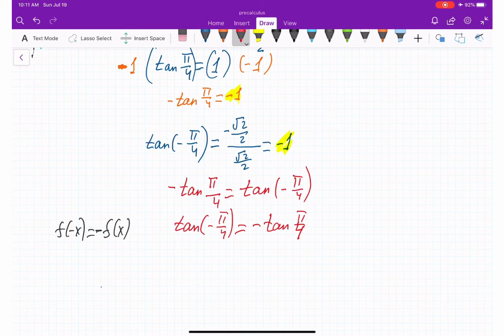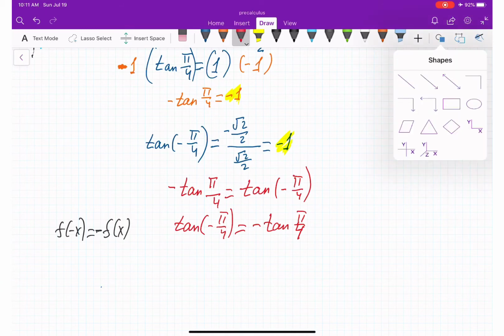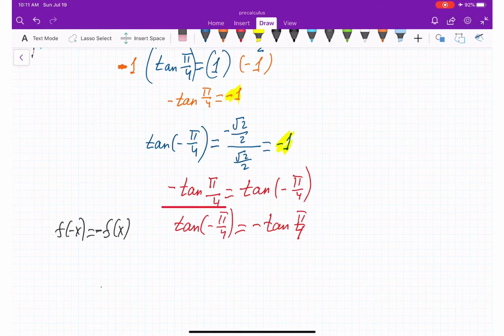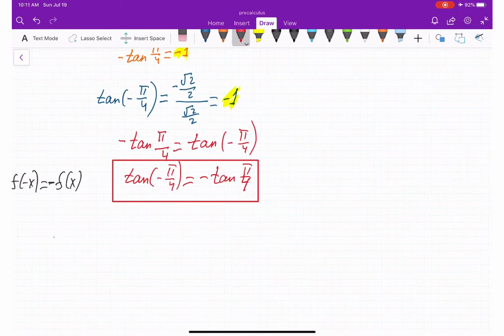So tangent x is odd function. Okay. So since it looks like we started already exploring our properties, let's might as well start writing down properties.